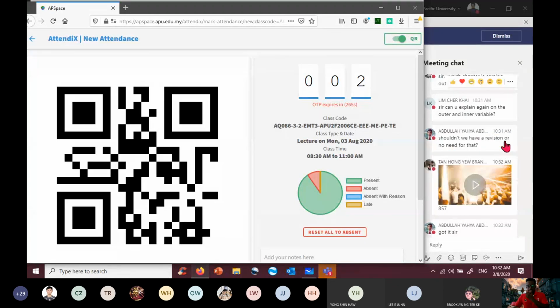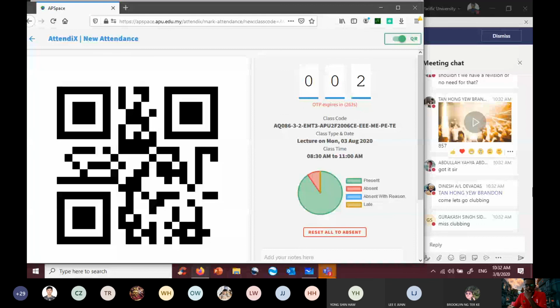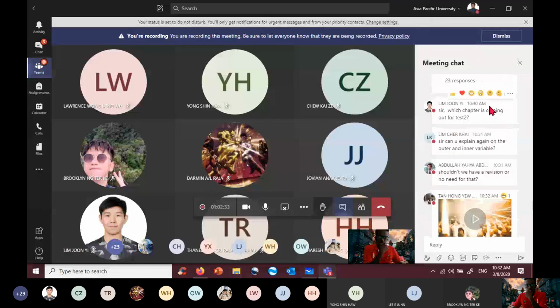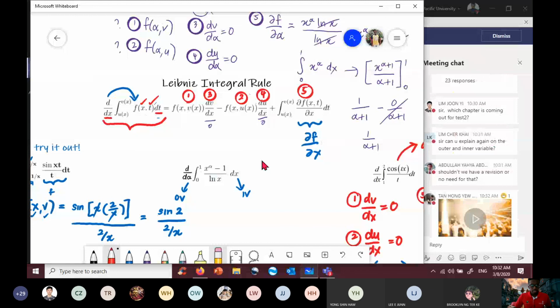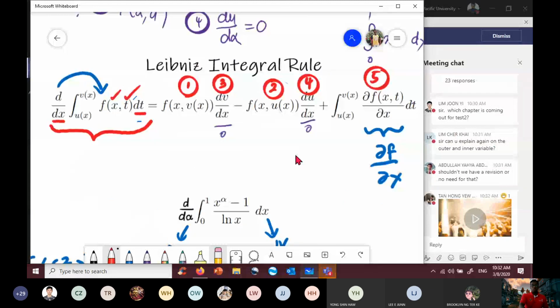By the way, just now, Lim asked something on the outer and inner variable. So very quick one. You look at this formula, right, Lim? The x remains as x, while the something changes into v and u. The thing that remains is the part outside of the integral.